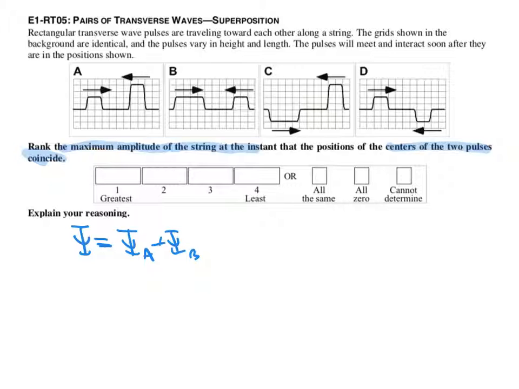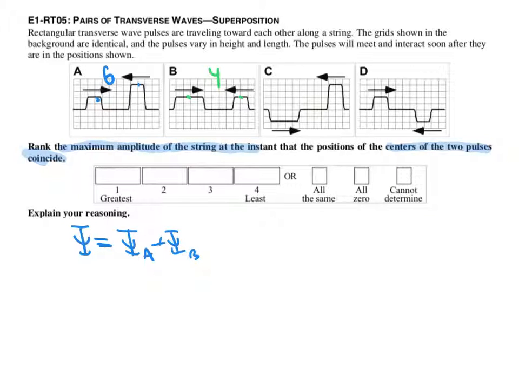So when these two coincide, there will be a pulse that is 2 high adding to one that's 4 high, so this height will be 6. And here we'll have 2 adding to 2, so a height of 4.